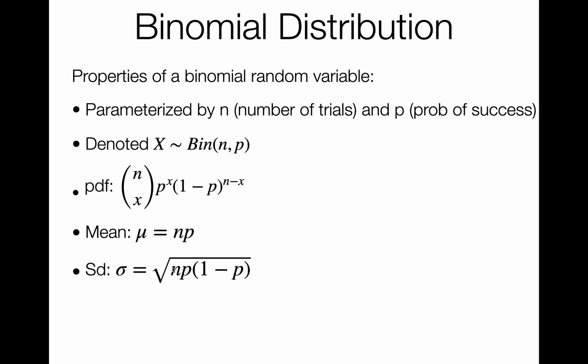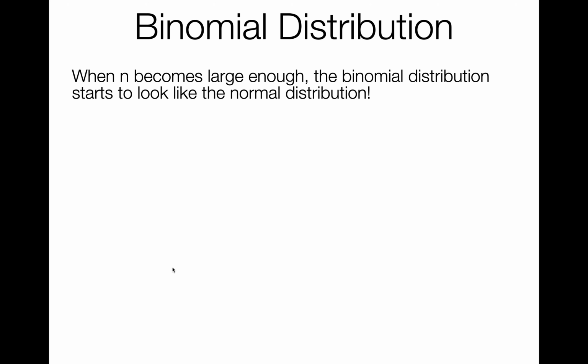Okay? All right, so a few notes about the binomial distribution. When n becomes large enough, when I have a large enough number of trials, something interesting happens. The binomial distribution starts to look like the normal distribution. That may seem odd, and rightly so, because the binomial distribution is a discrete one and the normal is continuous.